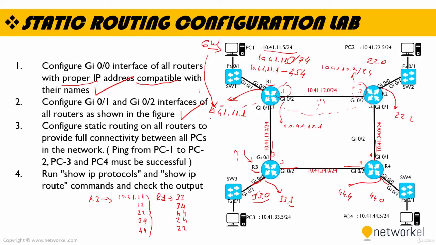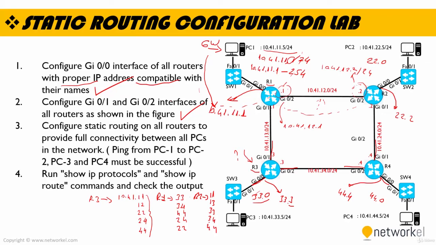And it's time to take a look at router 2. Where router 2 is not directly connected are 11, 13, 33, 34, and 44. Okay, I completed this one too.